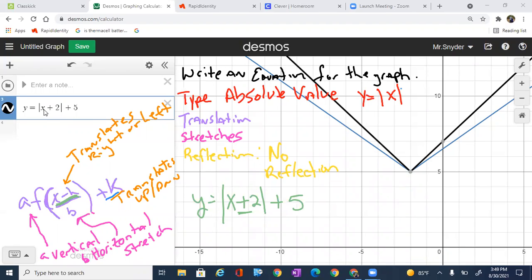So if I'm looking for the vertical and horizontal stretch, the one thing I do is draw in a horizontal axis through the vertex, and I draw in the axis of symmetry.